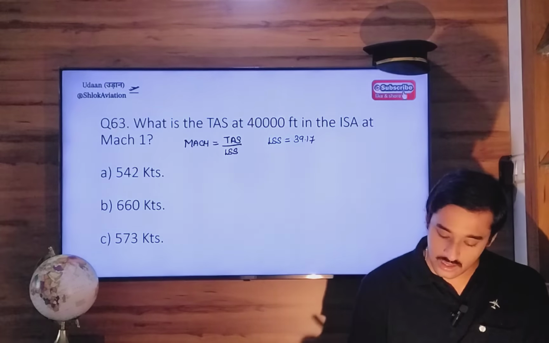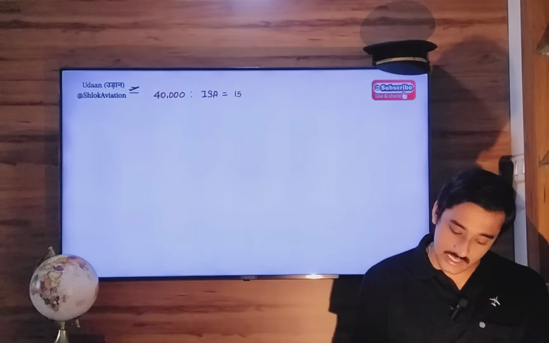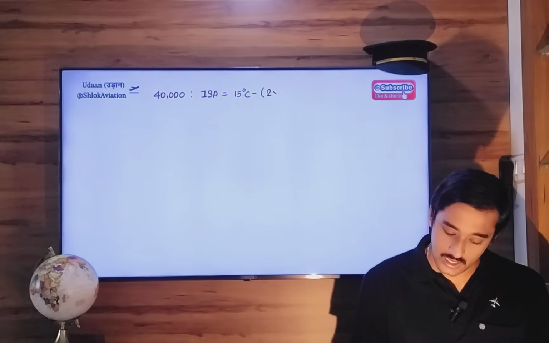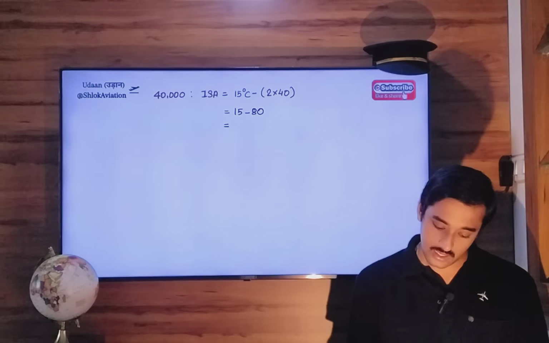Now, we are flying at 40,000 feet. So, ISA temperature at 40,000 feet will be equal to 15 degrees Celsius minus 2 into 40, that is 15 minus 80, which is minus 65.